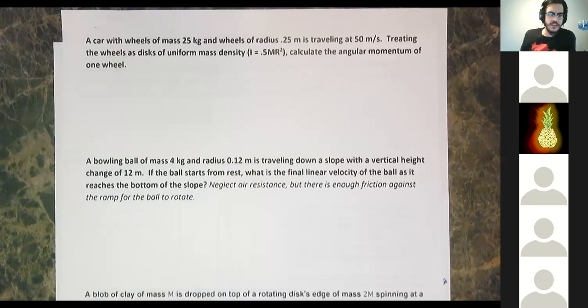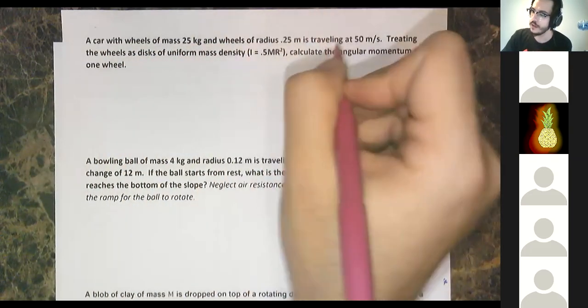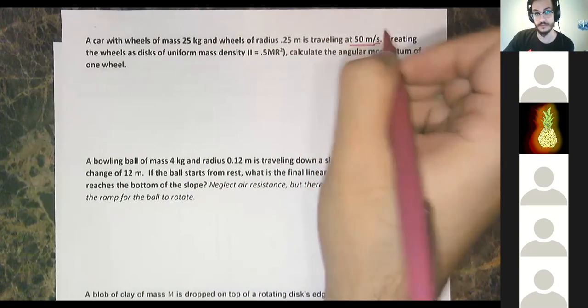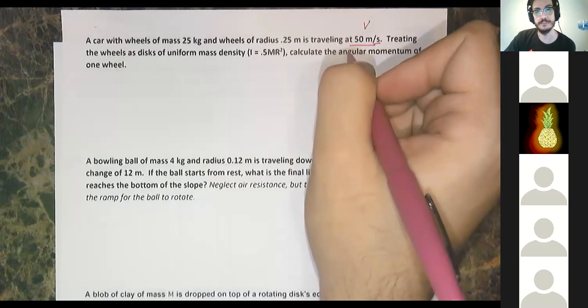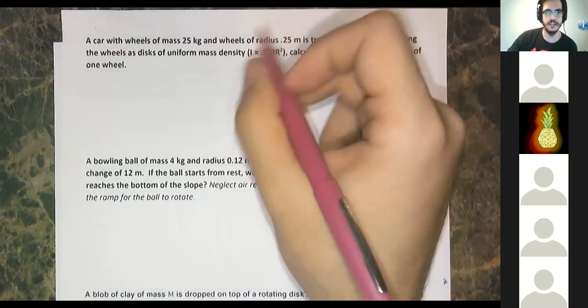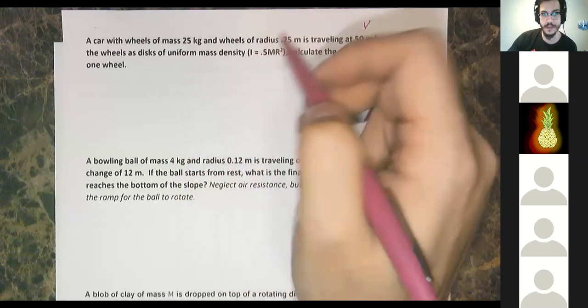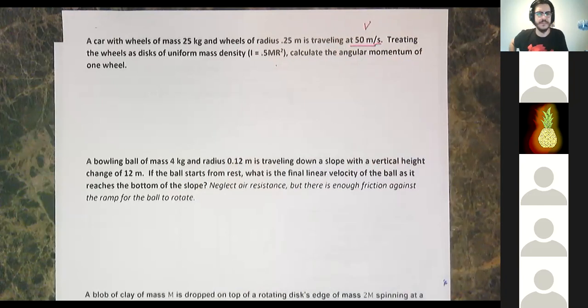A car with wheels of mass 25 kilos and radius 0.25 meters is traveling at 50 meters per second. The car's velocity is 50 meters per second. Keep that in mind, so that is a translational velocity. Treating the wheels as disks of uniform mass density, that'd be 1/2 mr squared. That's odd.